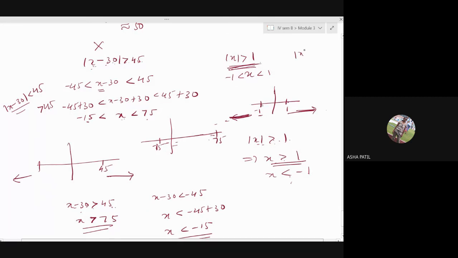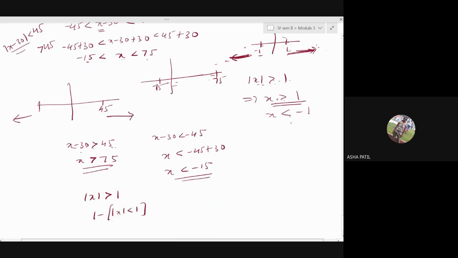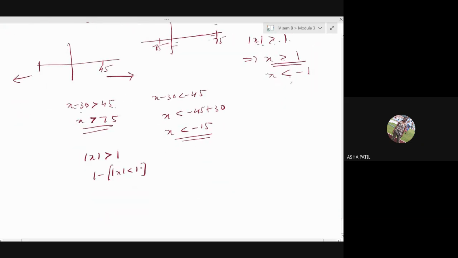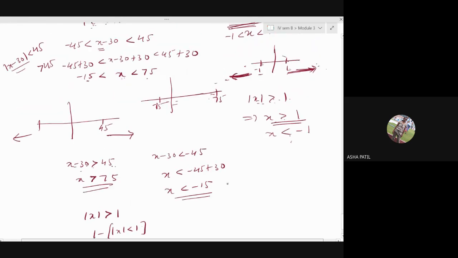If you want mod x greater than 1, leaving these two values, you take the other remaining values, x greater than 1 and x less than minus 1. The total probability is always 1, so you can write it as 1 minus P of mod x less than 1. You can go that way also, or else if you want to calculate, you have to simplify like this. Now you have the x values here. Take the corresponding values of z and then find them in the table.